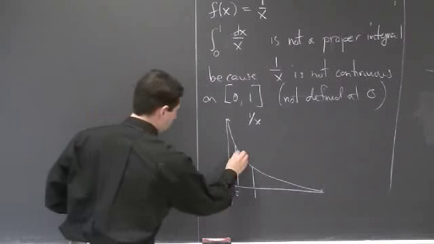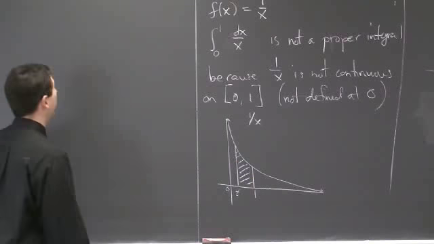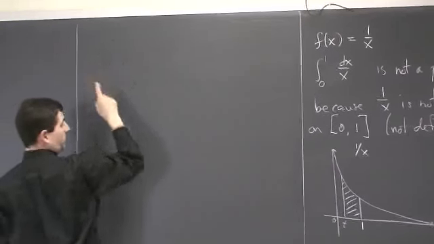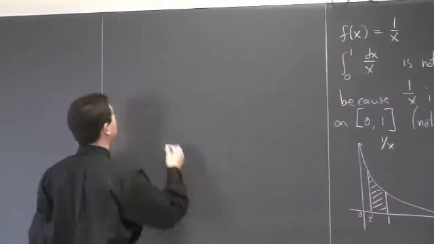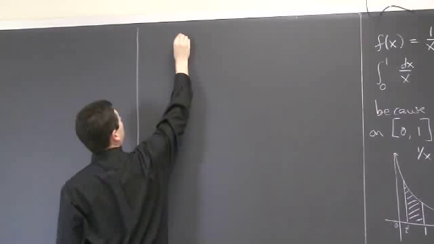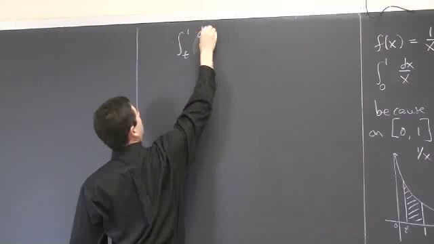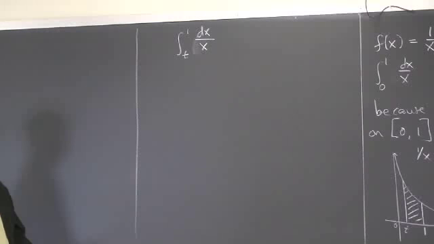So I can compute this area. What's going to be the area under the curve between t and 1? It's going to be the integral from t to 1 of dx over x.